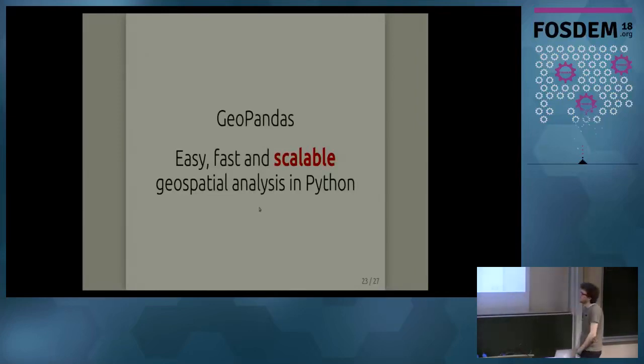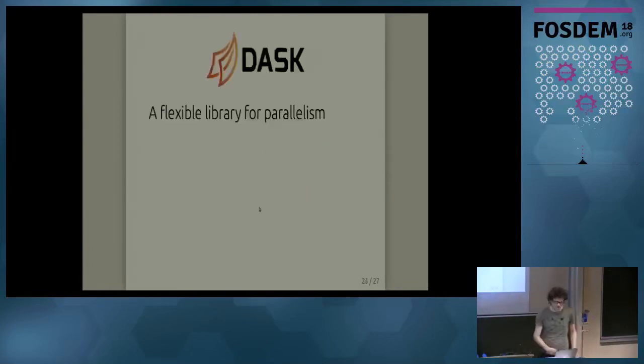That is a typical limitation of the ecosystem in Python. But over the last years there have been some developments, and one of the more popular ones is Dask, a library that provides parallelism and distributed computing.